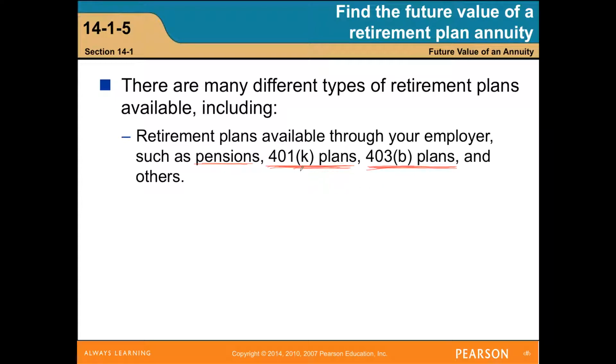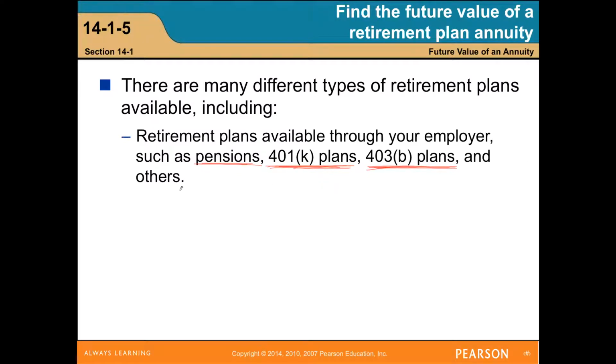Sometimes in a university setting, they'll give you both. If you're like a tenured professor, or a teacher in the educational system, usually you might get a pension, which is paid for entirely by your employer and others.